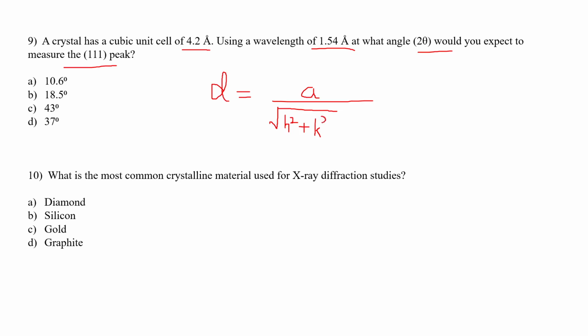So if you put the value of hkl as 111 and your unit cell parameter a as 4.2 angstrom, then you will be able to get your value of d spacing for your 111 plane.